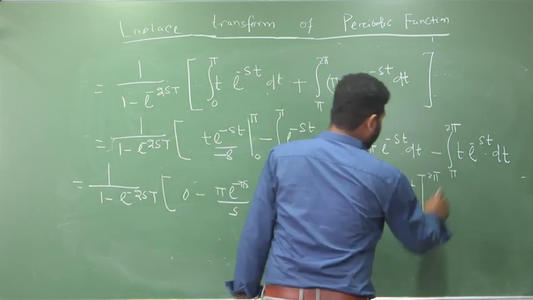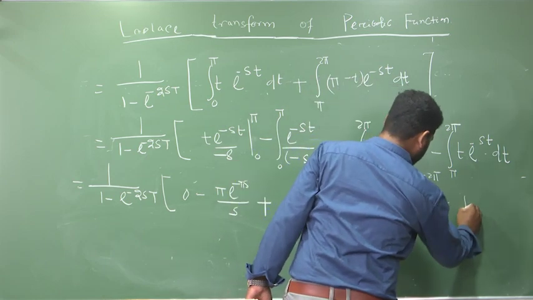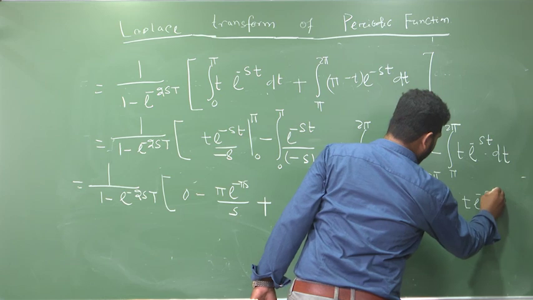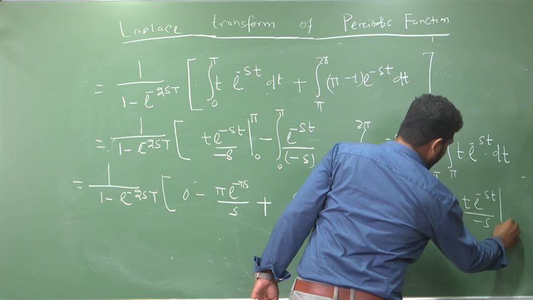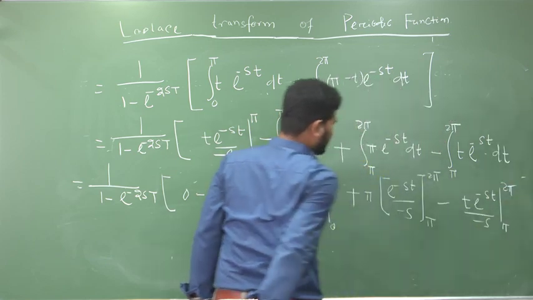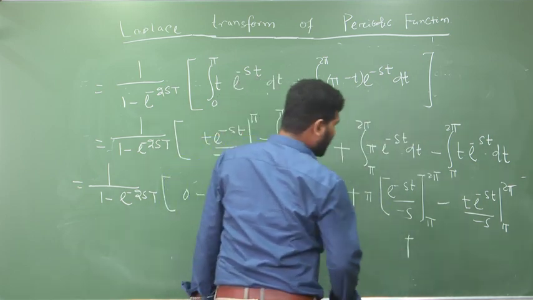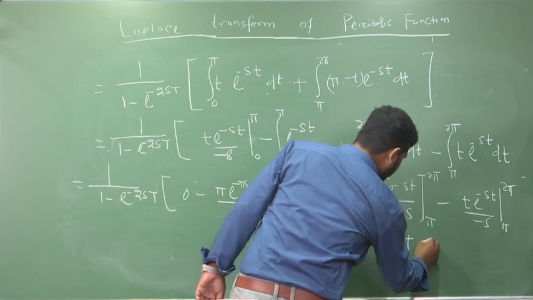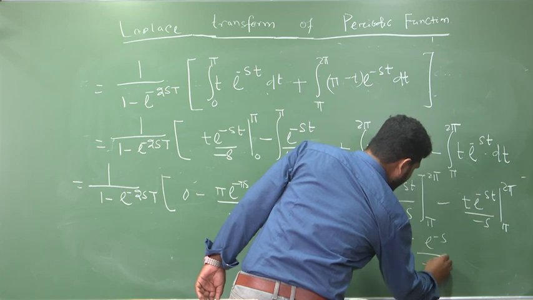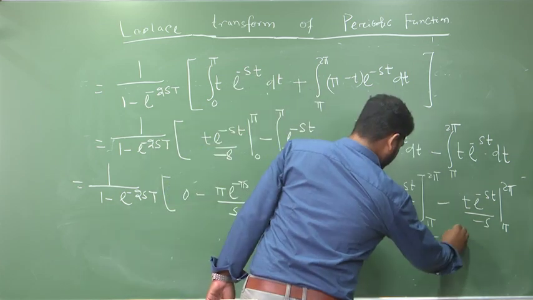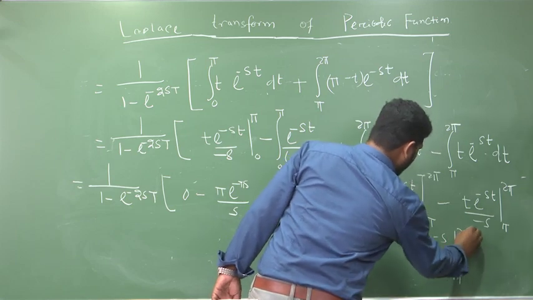Again this will follow by parts: minus t e power minus st, evaluated between pi to 2 pi. Then there will be another term, minus minus plus: the first derivative is 1, with e power minus st, and the integration gives s squared, evaluated from pi to 2 pi.